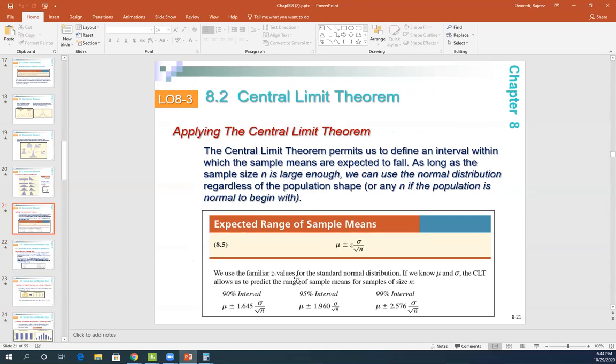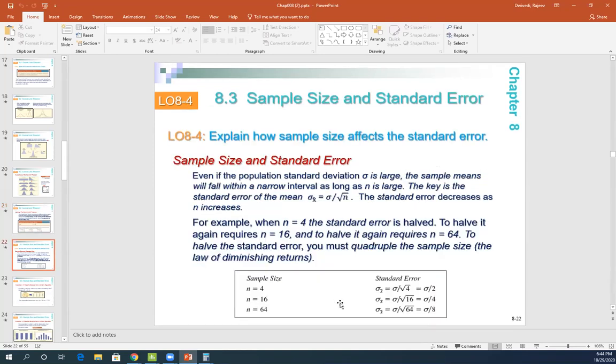This is a z value of a standard normal distribution, which we just have seen. If we know mu and sigma, this can predict the range of sample mean for sample size n. If the sample size is n, then sigma upon square root of n is called standard error.